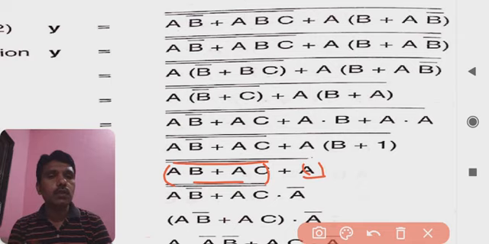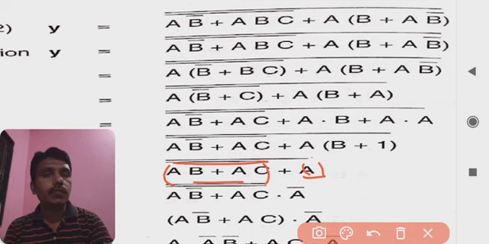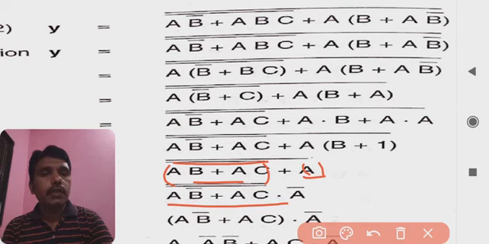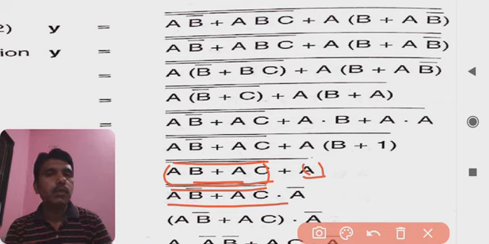According to De Morgan's theorem, it is the complement of a sum, and that can be written as the product of their complements. Then again we will write AB complement or AC. Already one complement is there, and this complement is applied because De Morgan's theorem is applied, so it becomes a double complement, and A complement is there.